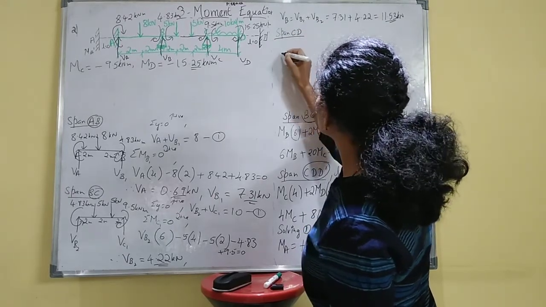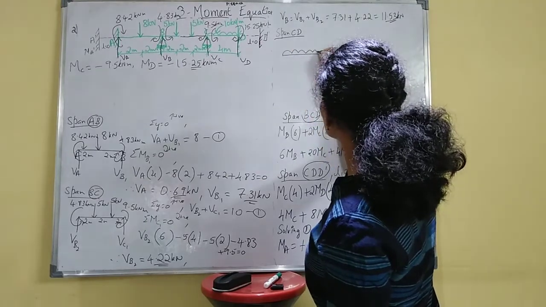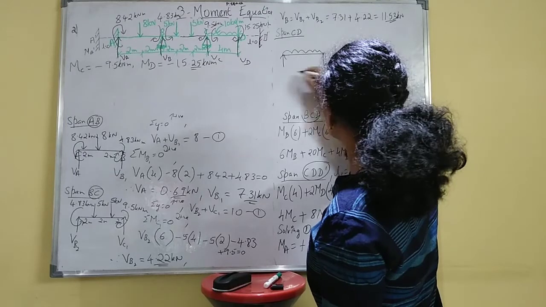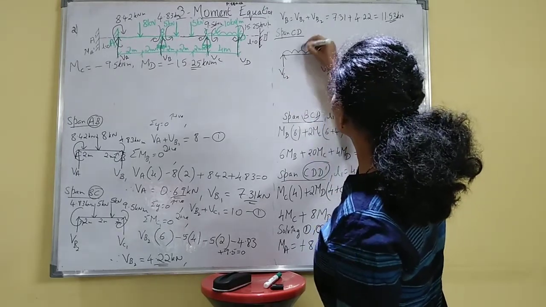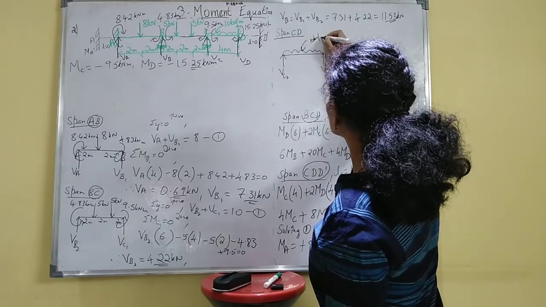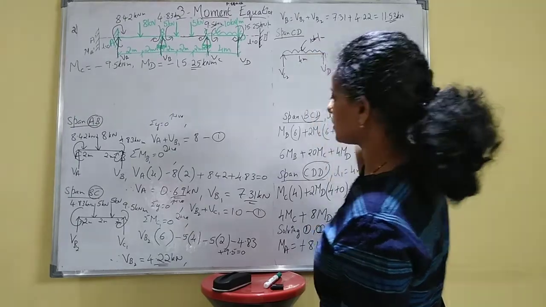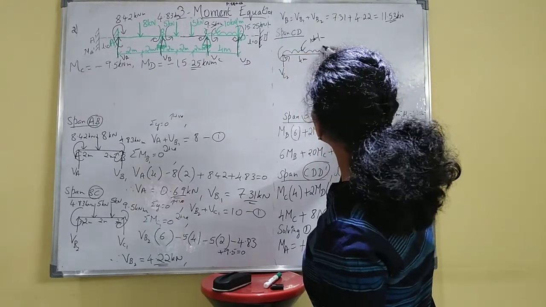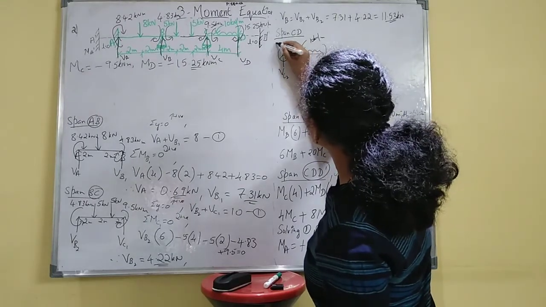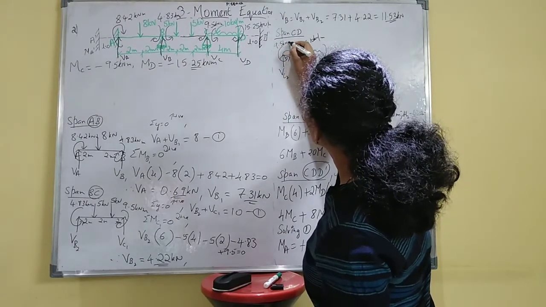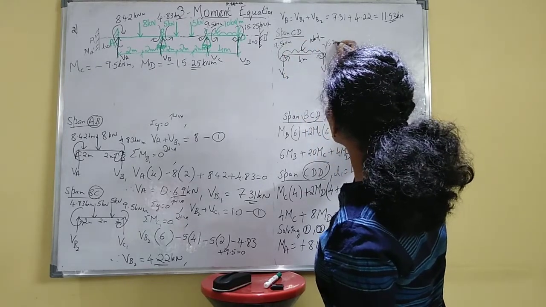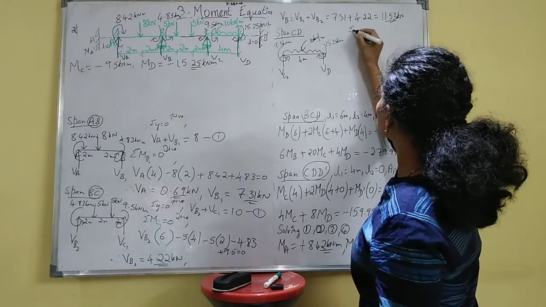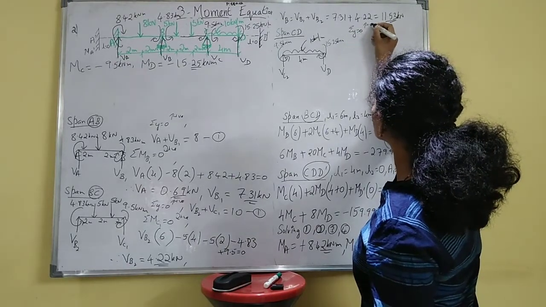CD, draw the free body diagram, that is UDL. This is VD and this is VC2. 10 kilonewton per meter, distance is 4 meter. Okay. Now draw the joint moments, that is 9.5 kilonewton meter. Here you have 15.25 kilonewton meter. Same, summation y equal to 0, upward as positive.